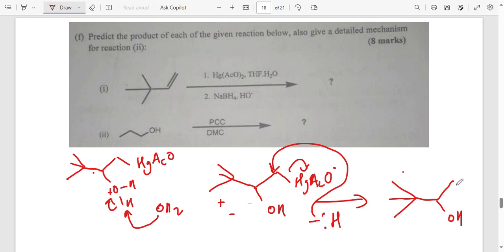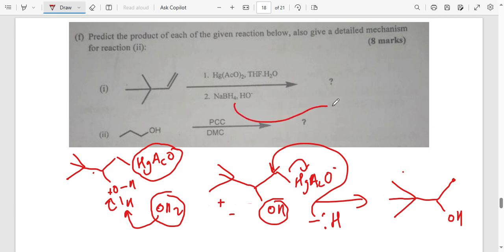Hydrogen has attached there, so we know that we don't show hydrogen, isn't it? So that is our product there. Is that okay? Okay, so water comes in, grabs a proton, and we form our hydroxide. Now it's time to remove this mercuric acetate, and we use a hydride that is coming from the sodium borohydride here.